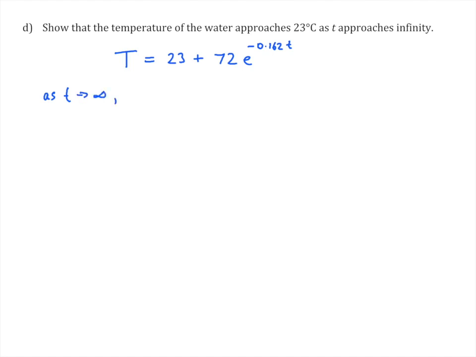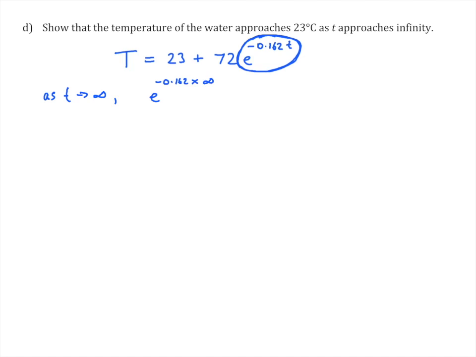Now, what I could do is put into the calculator 23 plus 72 e to the minus 0.162 times 9999999, push equals, and just have a look at what the answer is close to, because that's all I'm after. But if I wanted to explain it in a more complicated way, I could say, if I was focusing on this part here that I've just put a circle around, as T approached infinity, that would become e to the minus 0.162 times a huge number, a really big number.